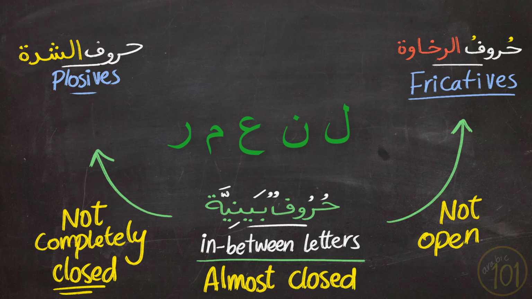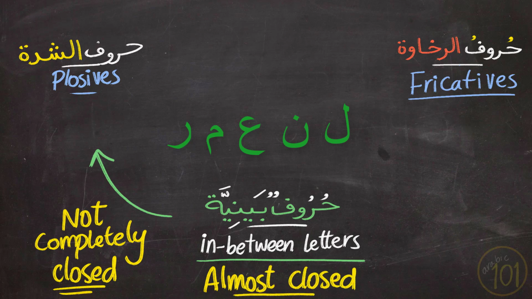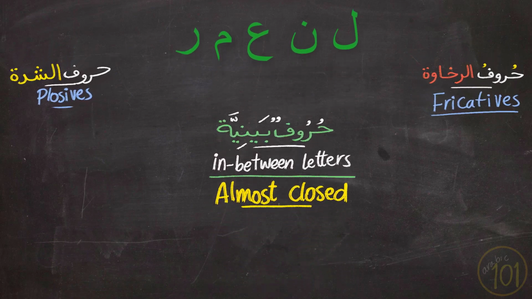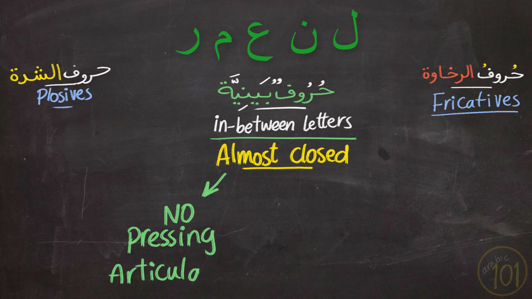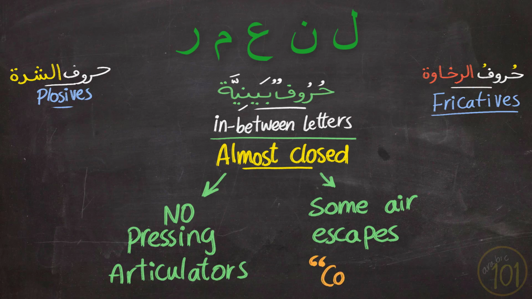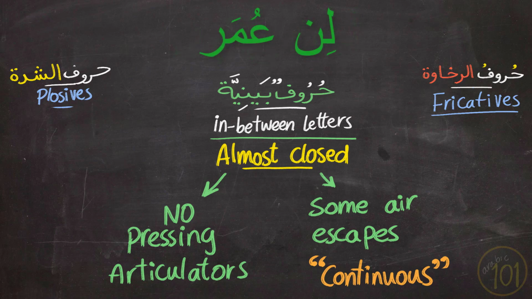So there is a very narrow gap or almost a contact between the articulators, but without completely closing or pressing against one another. This allows some air to escape and some continuity in producing the sound. The letters that belong to this category are the remaining 5 letters forming the mnemonic Lin Umar.